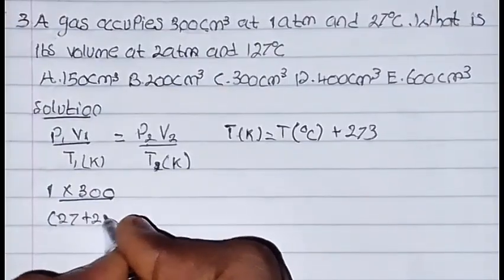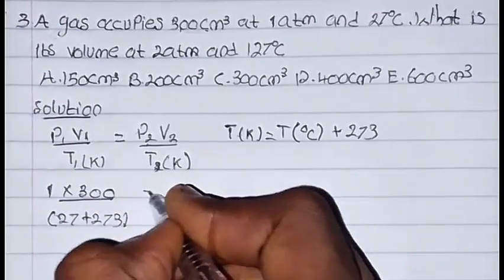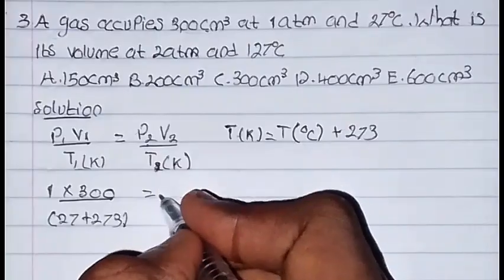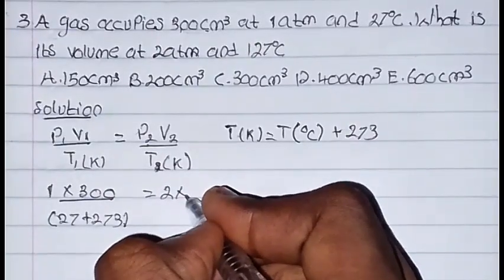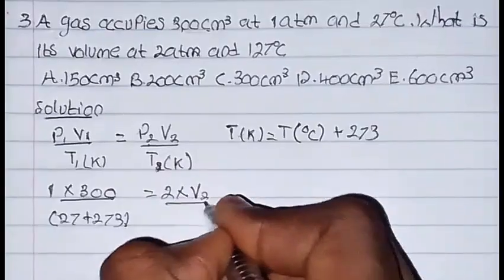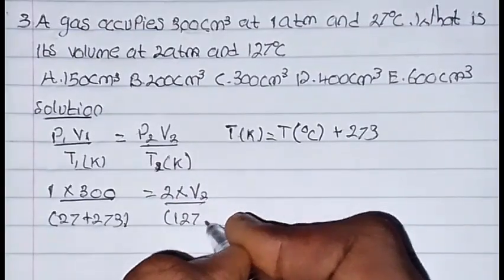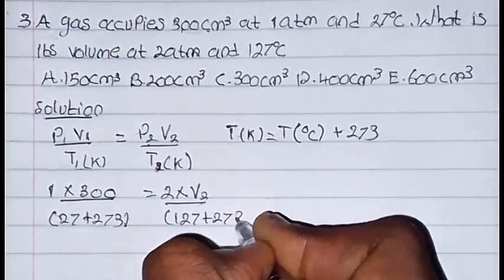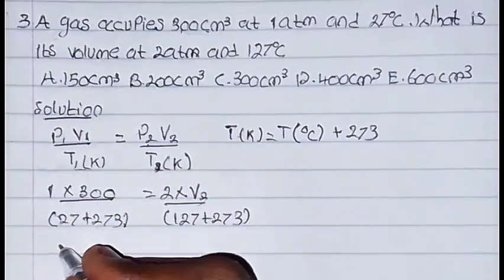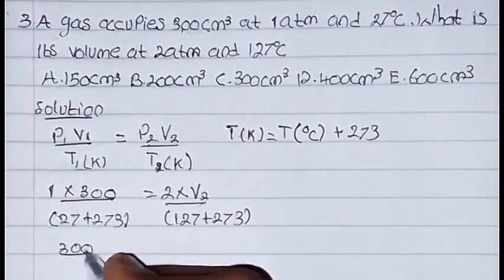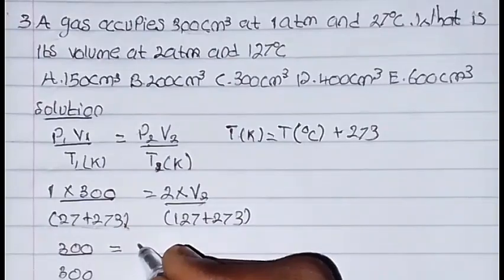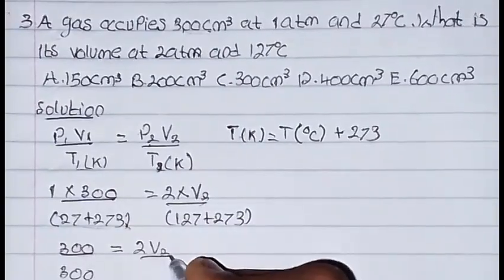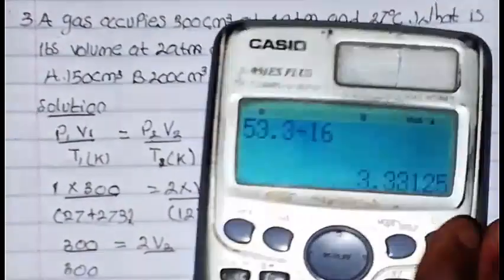27 plus 273. Right, so this should be equal to P2, the second pressure, which was given as 2, times V2, since they asked us for the final volume, over 127 plus 273. So we can write this as 300 over this and this. That gives us 300 again. This should be equal to 2V2 over 127 plus 273.